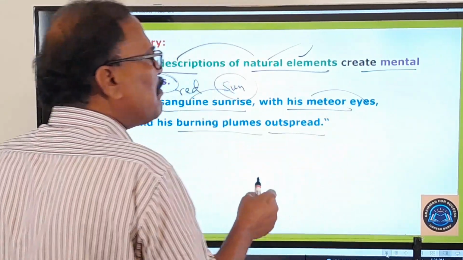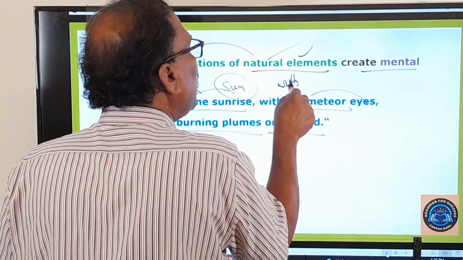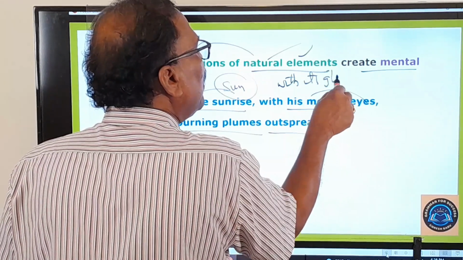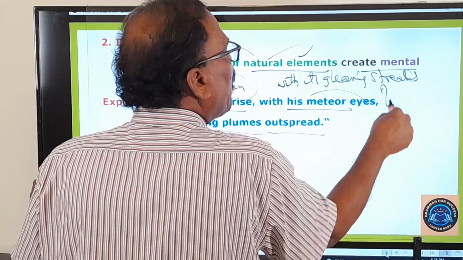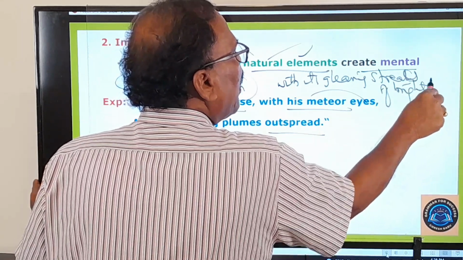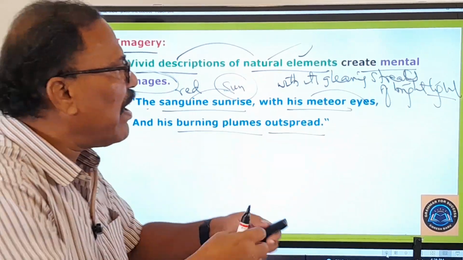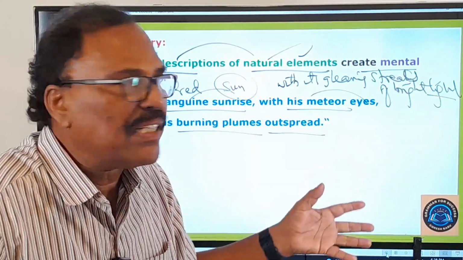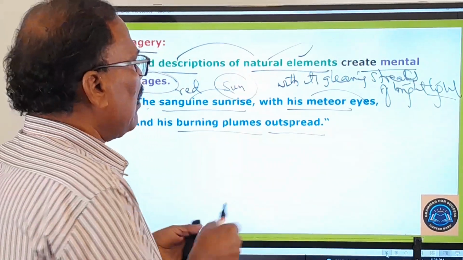With his meteor eyes means, what did I tell you? With its gleaming streaks of bright light. So in the morning, if you look at the sunrise, you can find the streaks of bright light. Streaks means the rays of bright light. This is the sun.